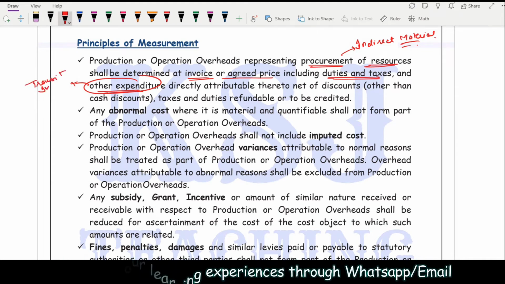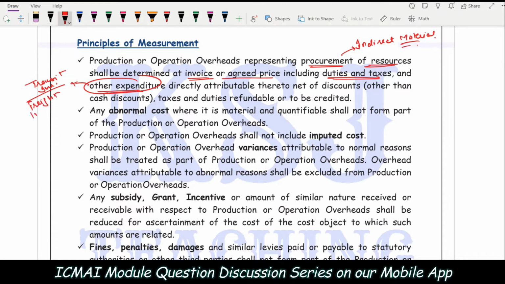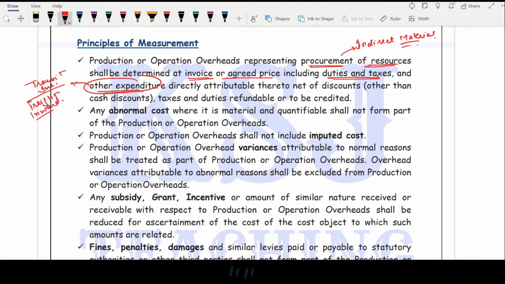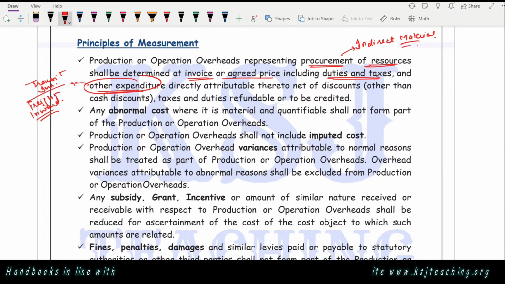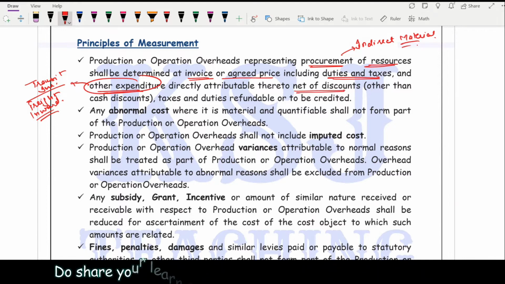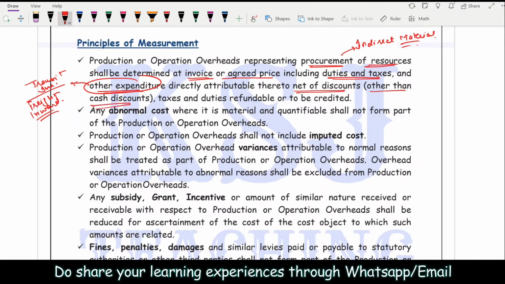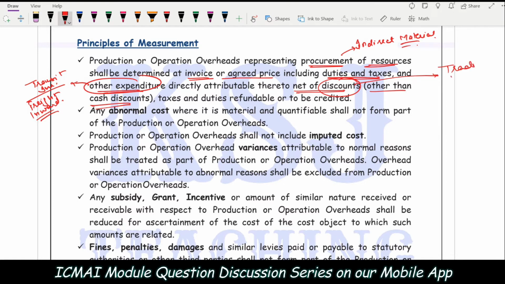It can be transit insurance, it can be freight inward, right? If you are procuring the material, directly attributable thereto, net of discounts. That means if you are getting a trade discount, other than cash discount. Which discount are we talking about? The trade discount here, not the cash discount.